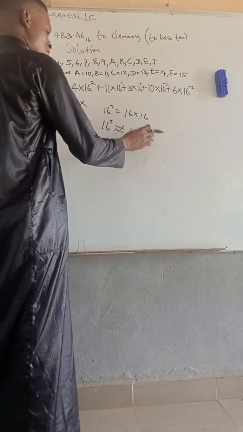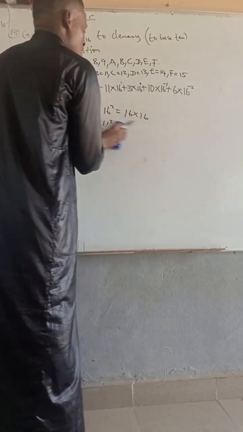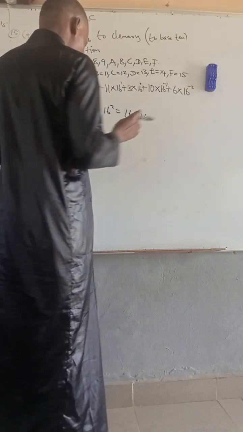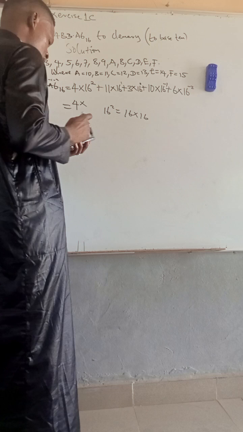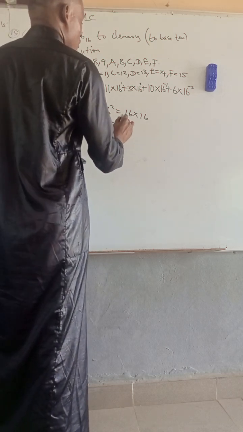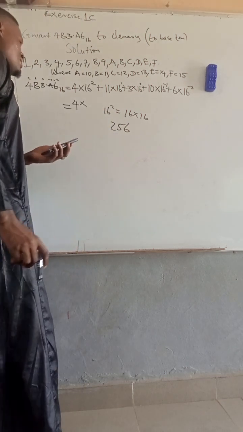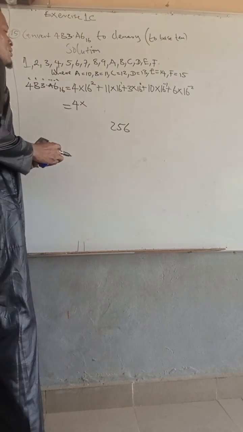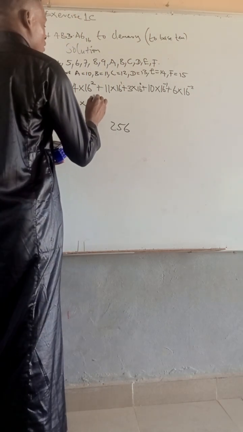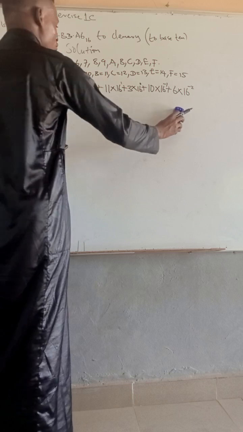It is equal to 16 times 16. So 16 times 16 will give us 256. So we are going to have 256 here.